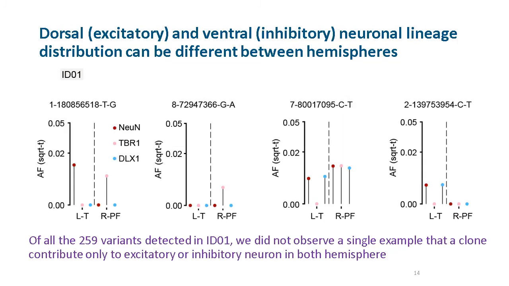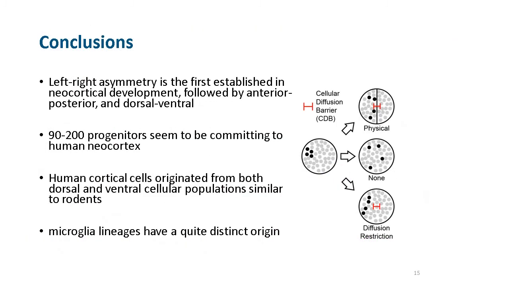We did have some examples where left and right dorsal and ventral clones distribute differently, suggesting they happened after the left-right split. To conclude, our data suggests that left-right asymmetry is the first established in neocortical development in humans, and is followed by anterior-posterior and further dorsal-ventral split.